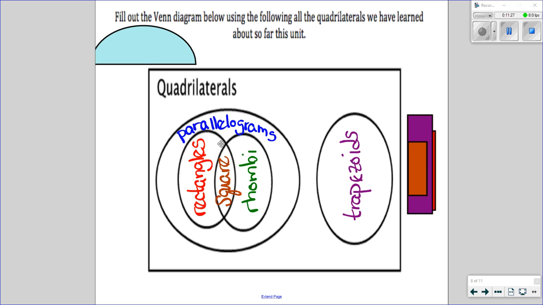So this is a way to categorize the different shapes into their correct groups. And like I said, trapezoid is in its own world. It is in the quadrilateral universe, but it doesn't have the same characteristics as a parallelogram, rectangle, square, or rhombus.